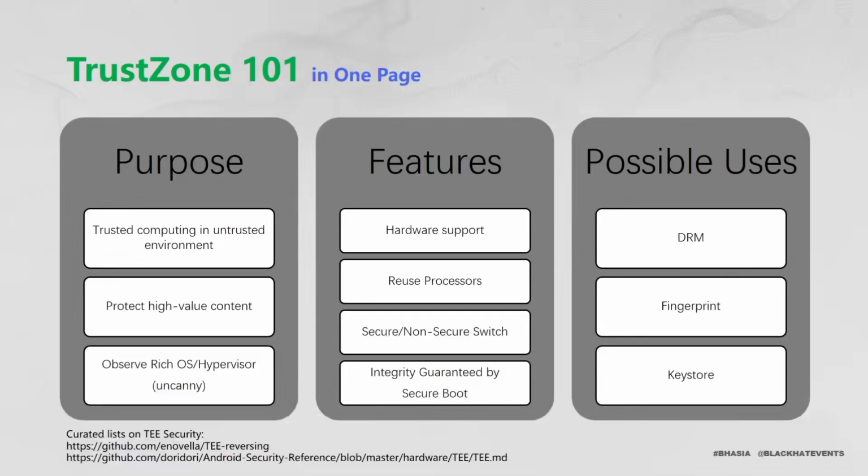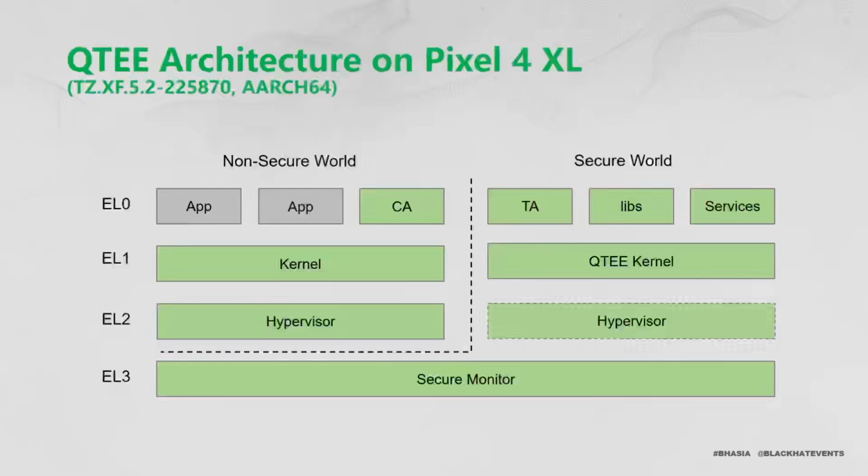And the TrustZone features include new modifications as well as the reuse of existing processors. The possible uses of TrustZone include DRM, fingerprints, and key store. And there are many other scenarios.